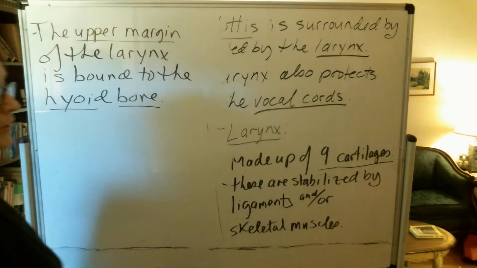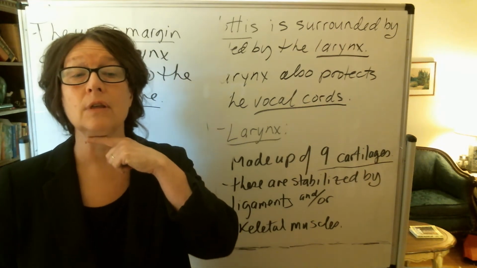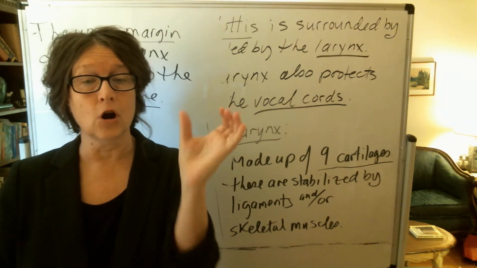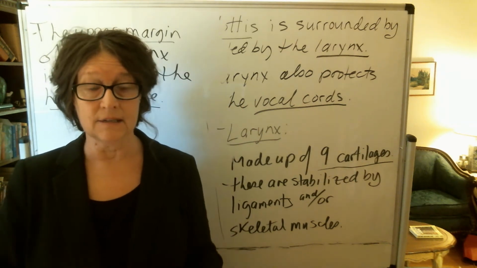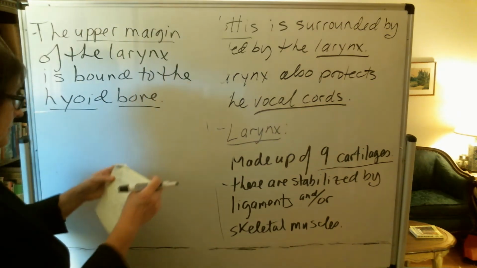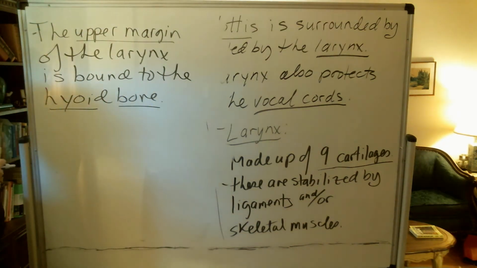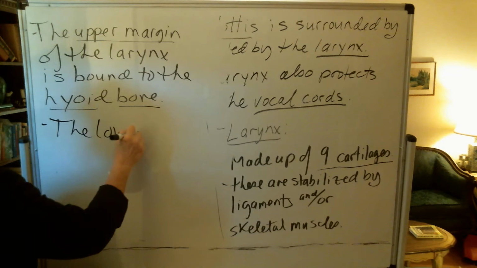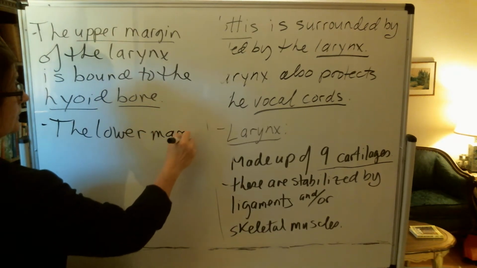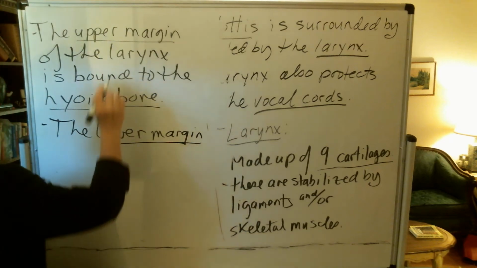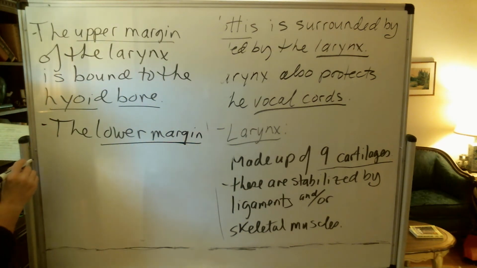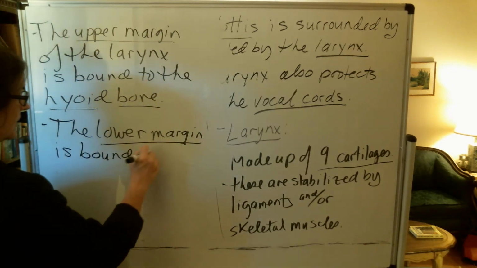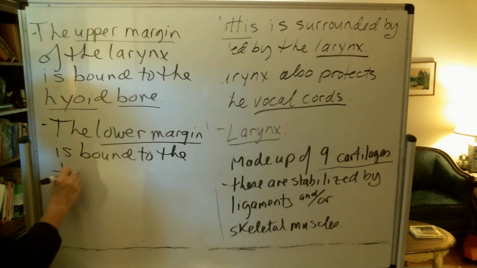The upper margin, so the very upper portion of the larynx, then has at its top that odd sort of arc-shaped bone that is not connected to any other bone but sits on top of your larynx. And then the lower margin of the larynx, just like this is for the upper margin of the larynx, the lower margin of the larynx, then, is bound to the trachea.